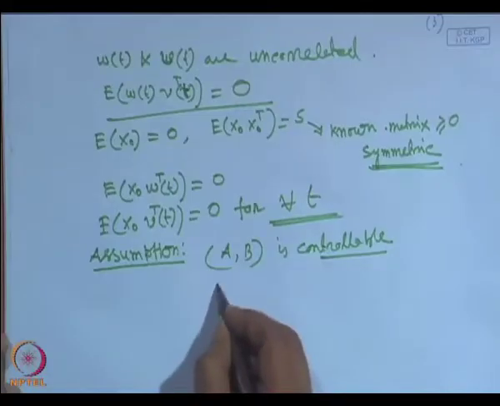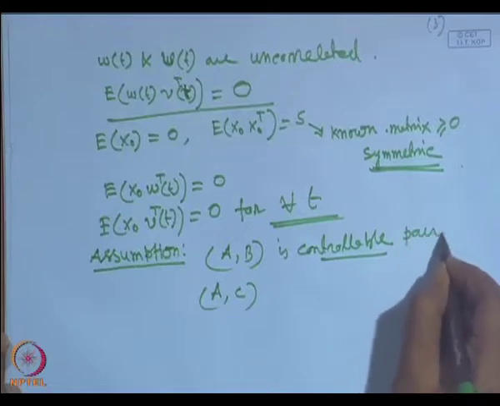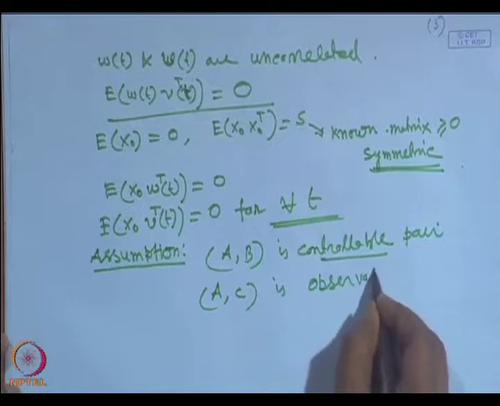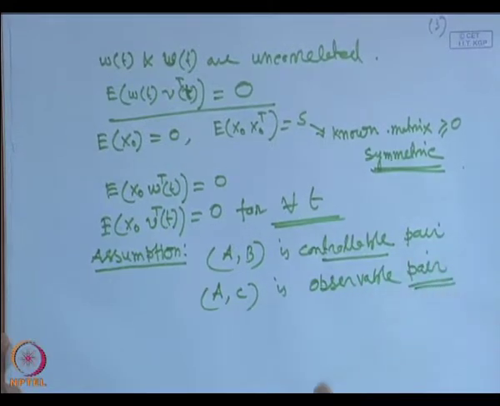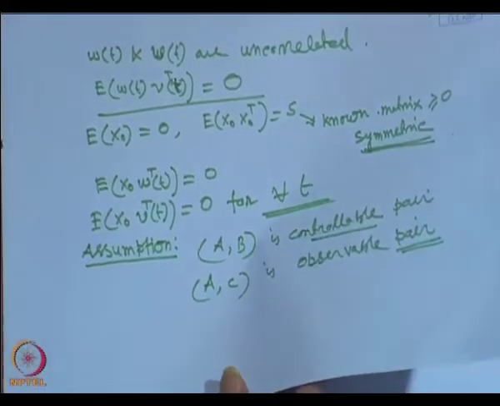Agree? Then A and C is an observable pair. And we assume that all the state variables are not measurable. That is why we need an estimator to estimate the state of the system.